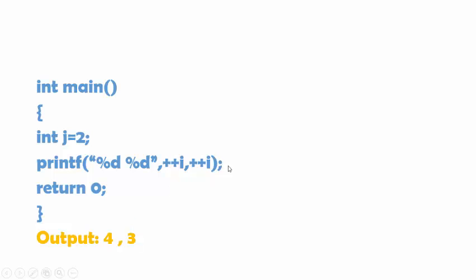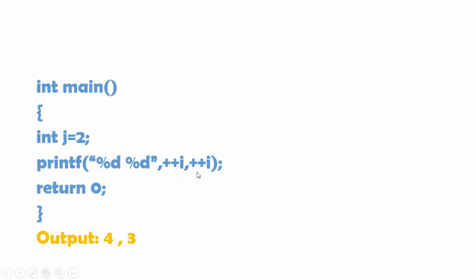Let's see when we solve this example, the value of j, sorry, it may be j, not i. You can understand j, not i. So j equal to 2.